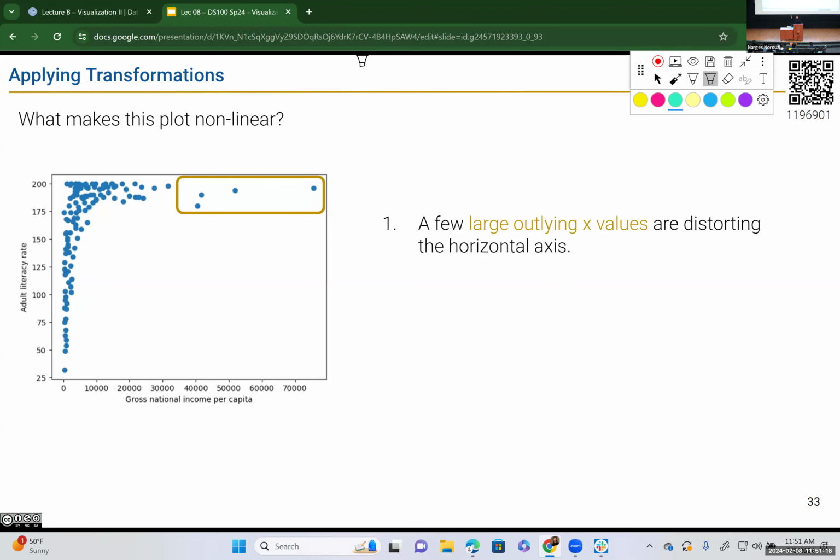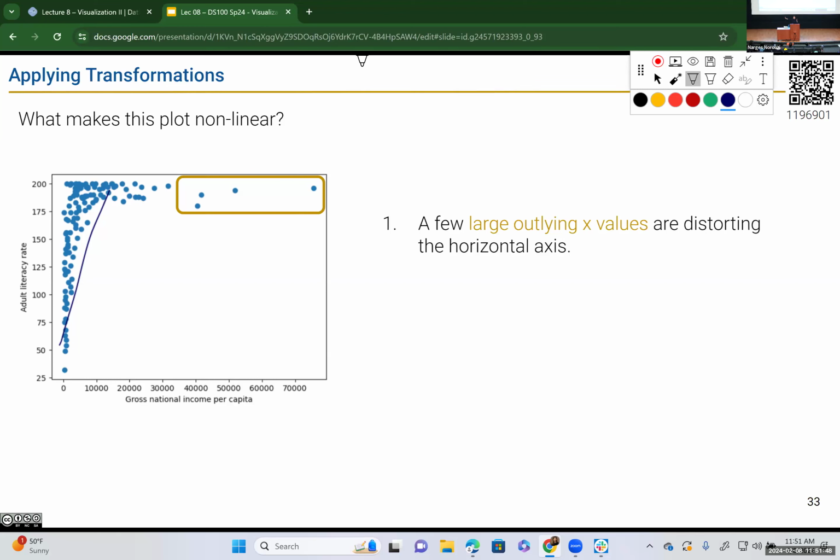Why is that an issue? If I wanted to go ahead and, for example, find this line that generally captures the trend for the rest of the data, it's not capturing so well, but comparatively, it's not going to have a good performance for those outlier values or those large values. So what I need to do is make sure that most of the values on the X-axis are within the same scale.